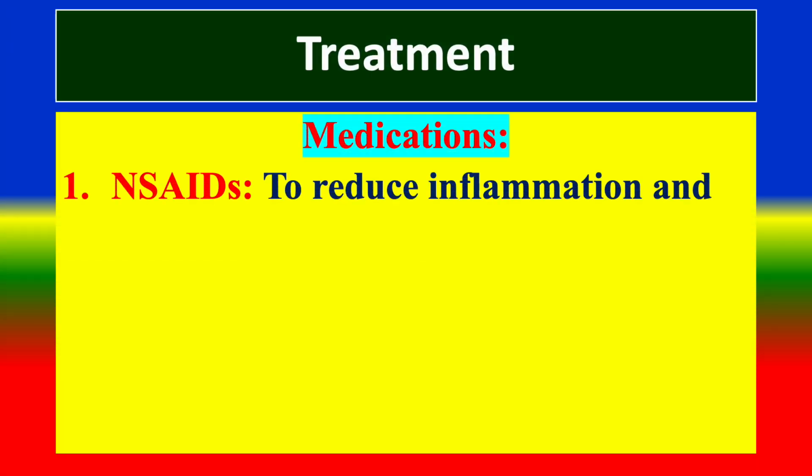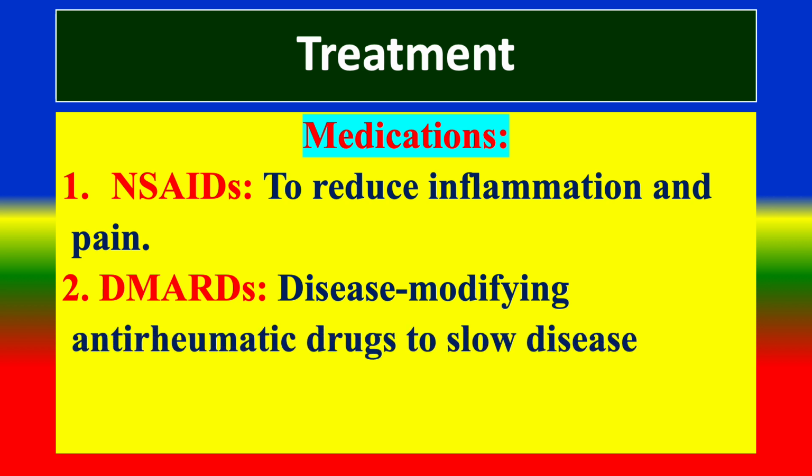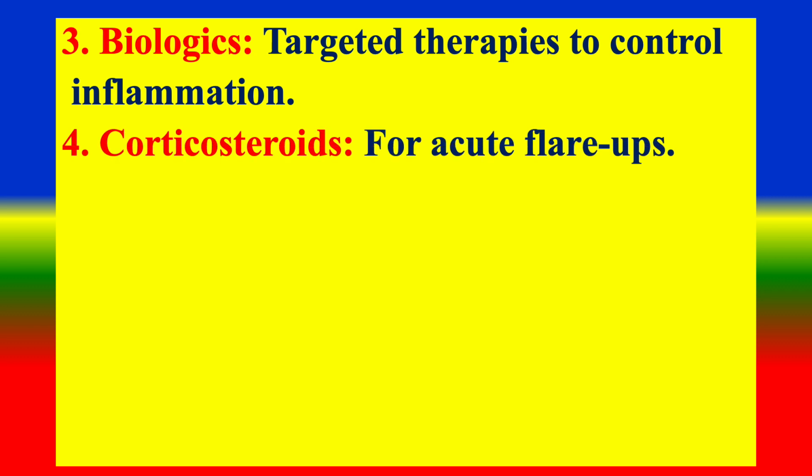Treatment medications. 1. NSAIDs to reduce inflammation and pain. 2. DMARDs, disease-modifying anti-rheumatic drugs to slow disease progression. 3. Biologics, targeted therapies to control inflammation. 4.